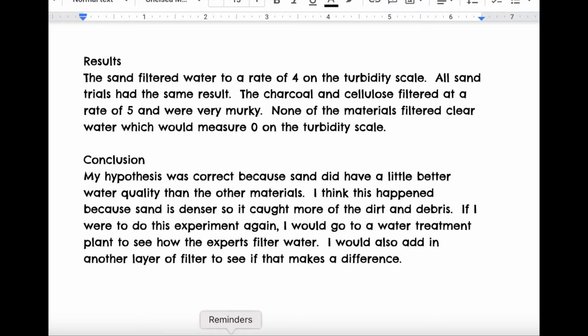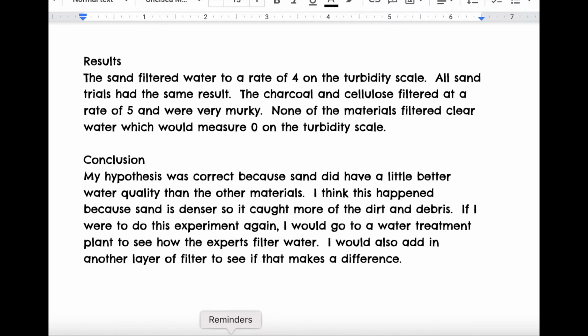All right, now it's time to analyze those results. We've looked at our graph, we've checked to see what happened, and now we really have to think about our results. You'll notice that I said that the sand filtered to a rate of 4 and that all of the trials had the same result.